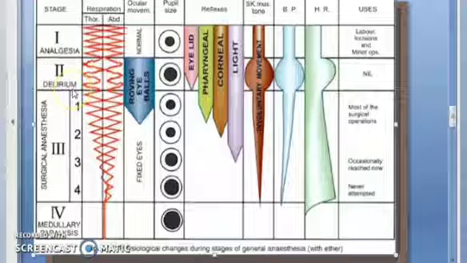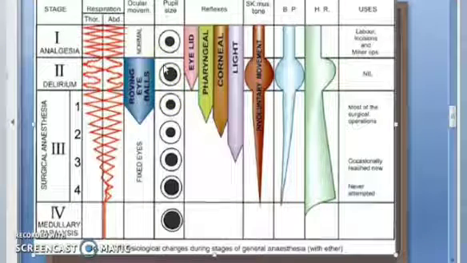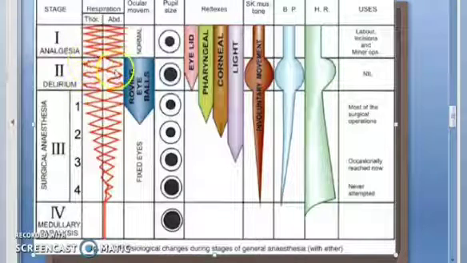The patient loses consciousness, but his sympathetic activity increases. Heart rate will be more, blood pressure will be more, pupil is dilated, and you can see here the respiration is irregular.